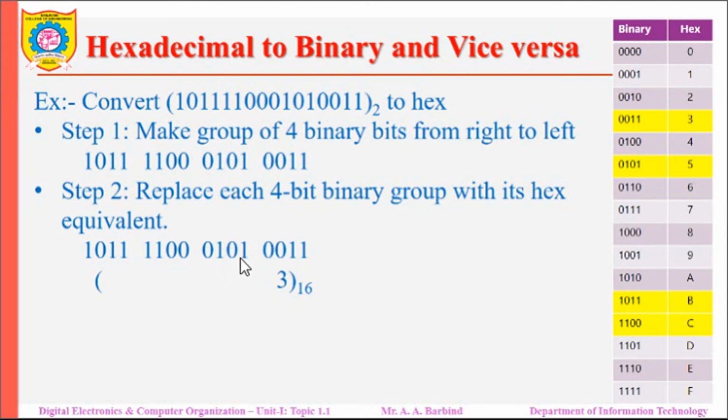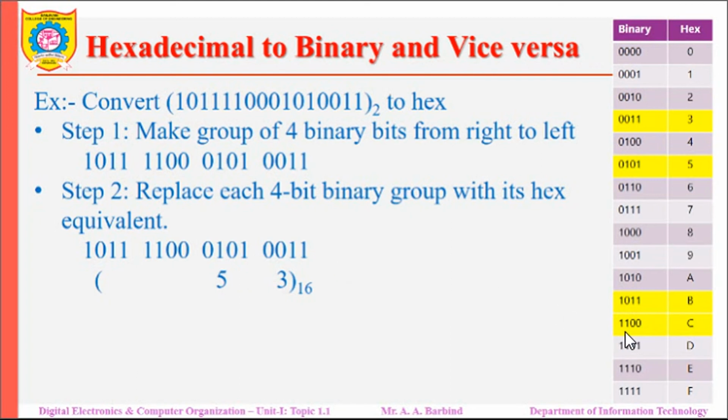The next group is 0101. For 0101 we write 5, as from the table the 0101 equivalent is 5. The next is 1100.